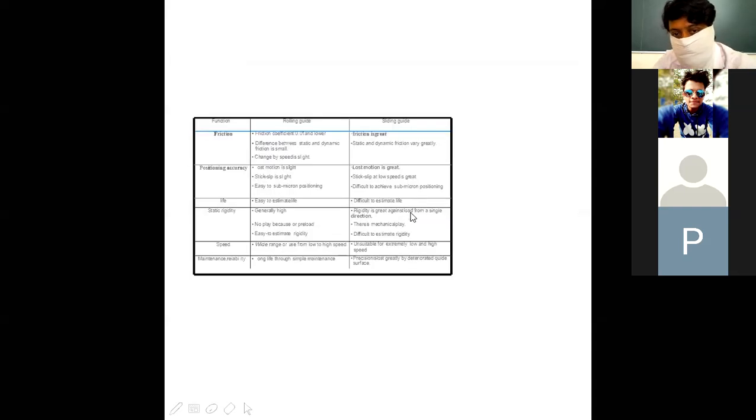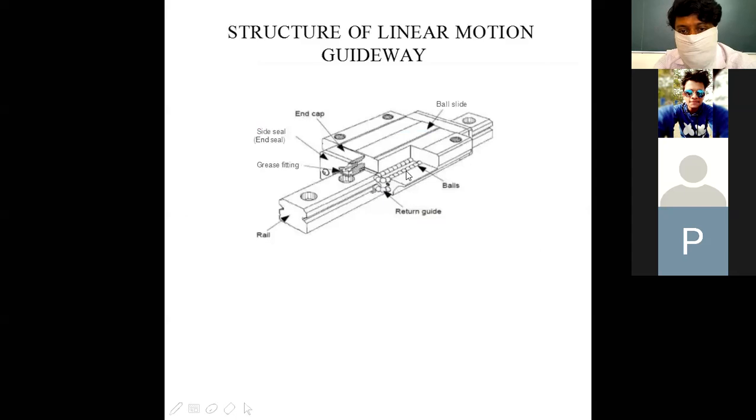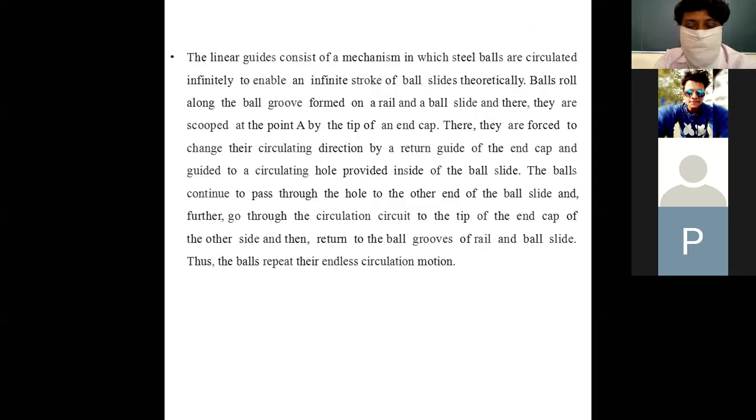So basically, what they are saying is these balls have infinite motion. They are continuously moving according to the requirement or predetermined path. Okay, just keep this in mind. It's not a very complicated process.